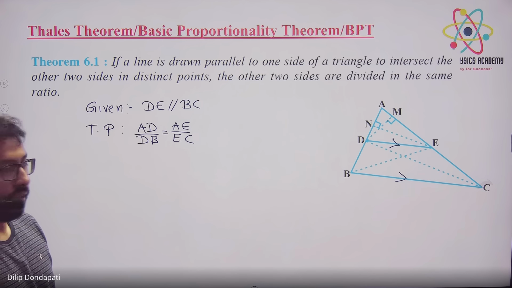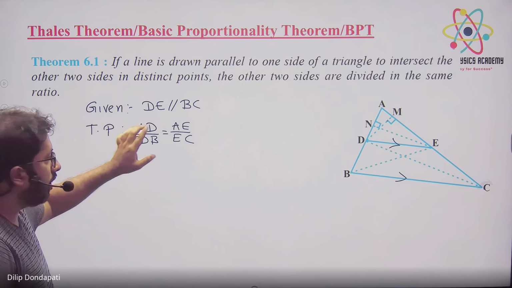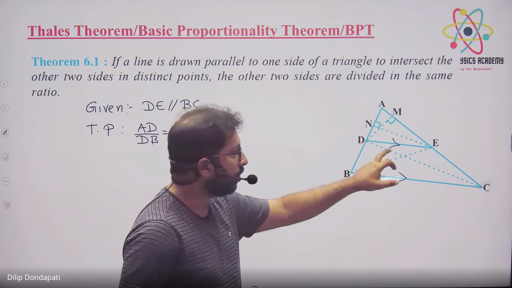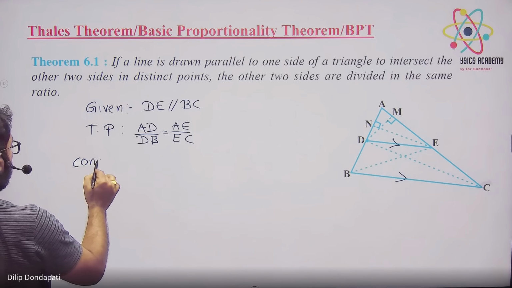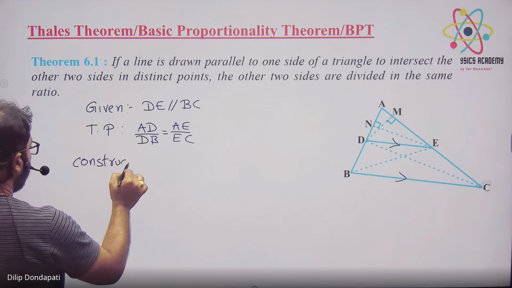Okay. So see, why we are joining these lines we will understand. Now what is the construction? Join CD and EB. Other thing, we have to draw 2 perpendiculars, EN and DM.